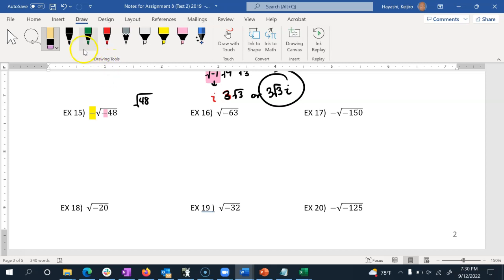Break that up into the square root of 16 and the square root of 3. And what whole number is the square root of 16? 4. Square root of 3 remains square root of 3. No way to simplify that, so that just is what it is. So we're going to have 4 times the square root of 3, but we're also going to have what in front? A negative and an i in the back, yeah.